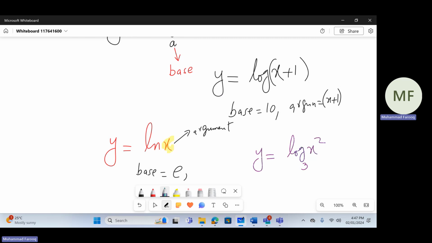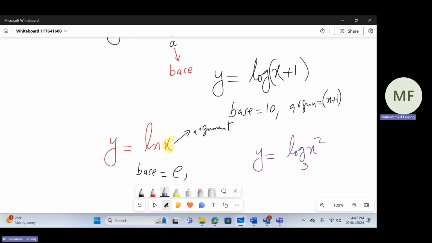If you look at your calculator, you have two different options, ln and log. ln is natural log, log is common log. They are two different things, which is why the calculator has two different options.